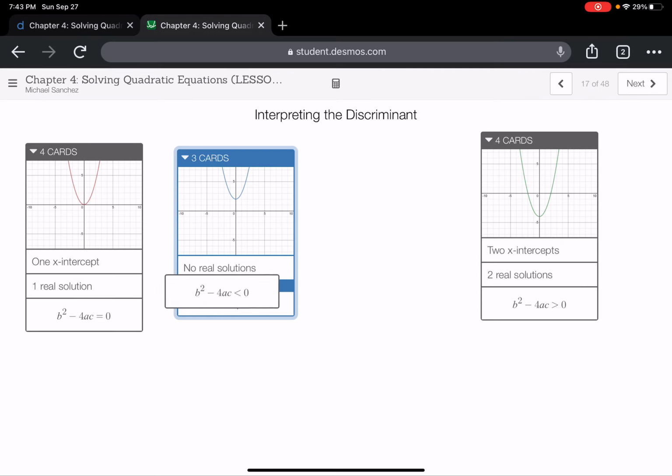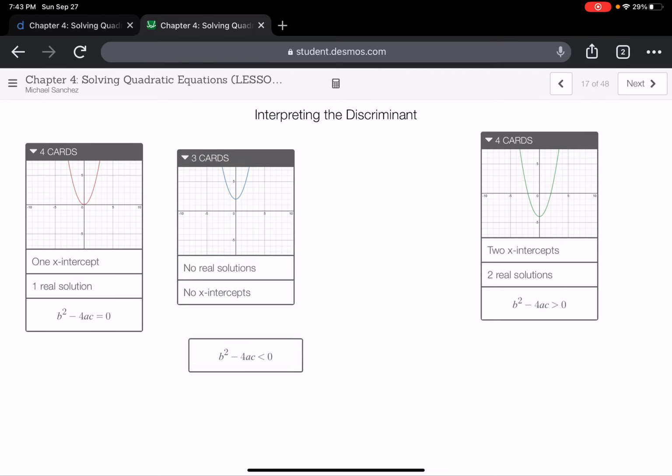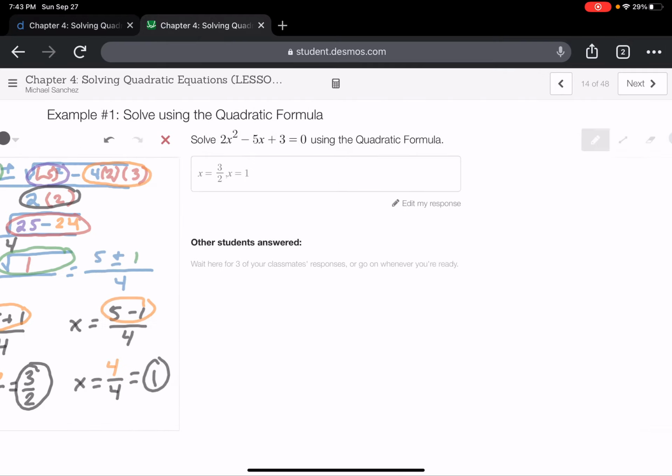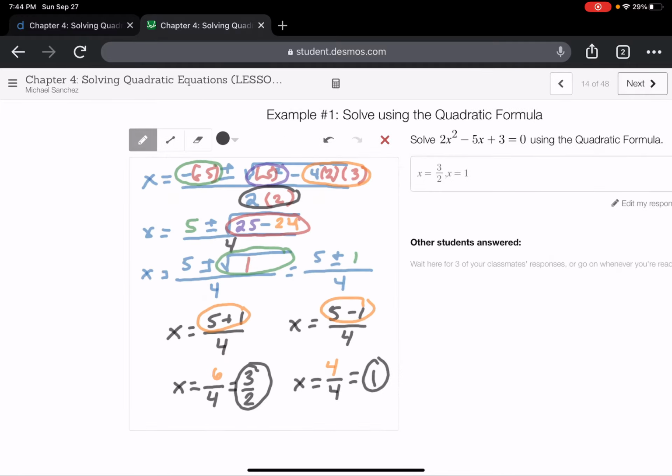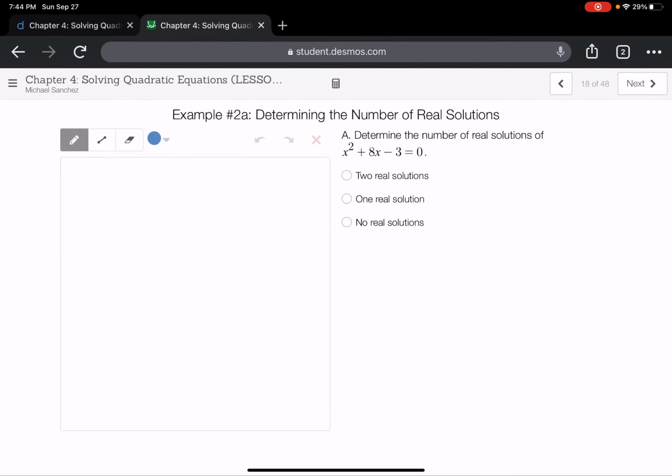And if it is less than 0, or negative, then it has no real solutions. Let's think back over here why that makes sense. If this that I circled here is negative, we're going to get the square root of a negative number. And we all know that we can't take the square root of a negative number to get a real number answer. So we will have no real solutions in that case.